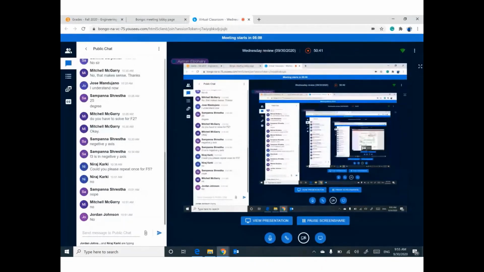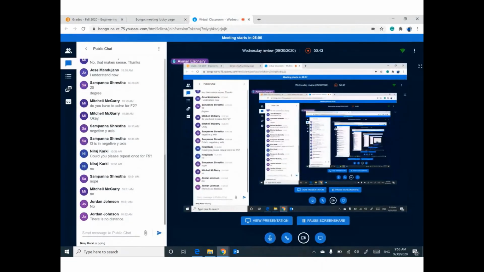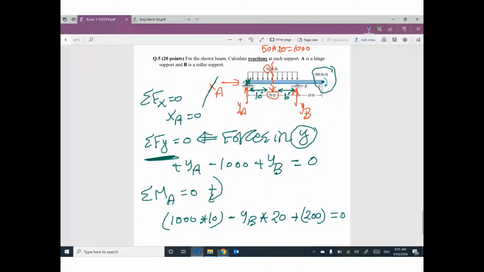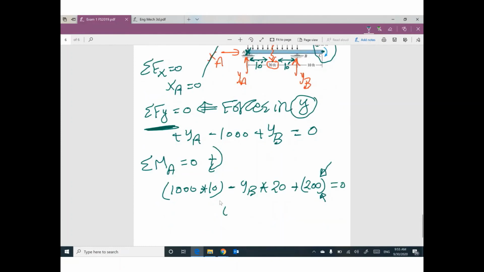The same names are the only ones responding to me. Nobody else. We don't have a distance. We don't need a distance because 200 is a moment. It does not need a distance to be a moment because it's already a moment. So we don't have to add a distance here. The only unknown will be YB. I can figure out the value of YB. I can go back here and figure out the value of YA.